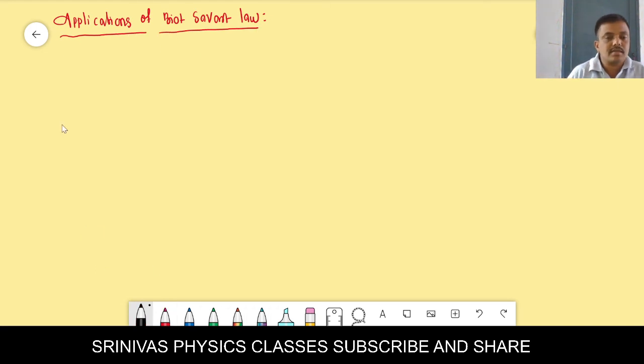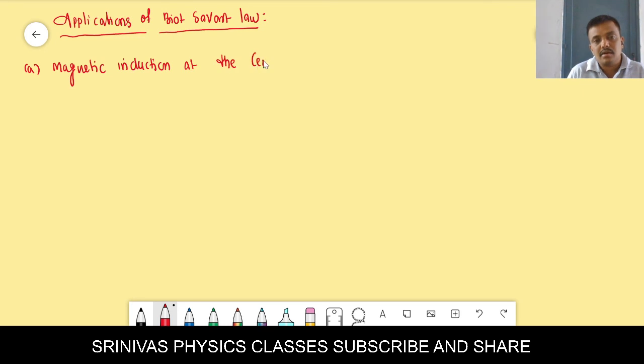The first application is magnetic induction at the center of a current carrying coil.